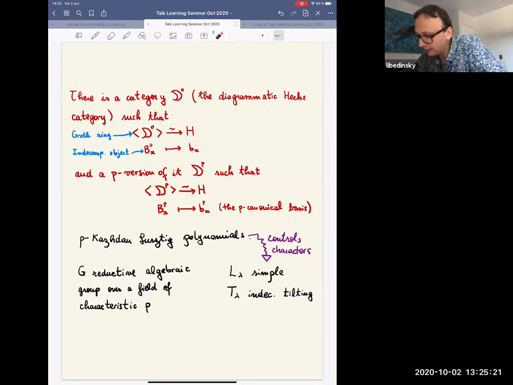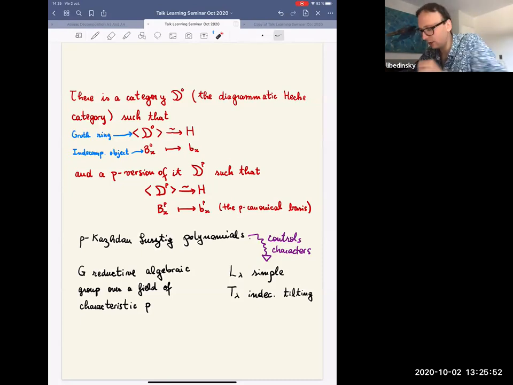And if you take the indecomposable objects, they go to the Kazhdan-Lusztig basis. Maybe I should say that this is a theorem in full generality, for every Coxeter group. This is a theorem by Geordie Williamson and Ben Elias.